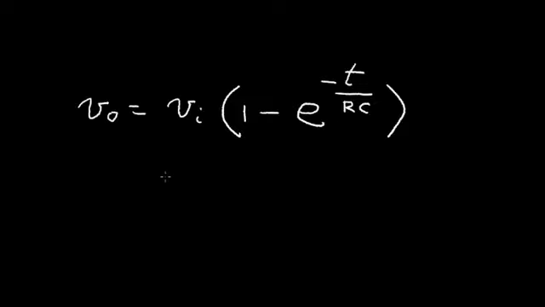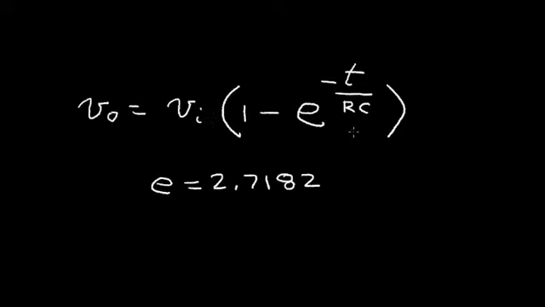Now e is the natural logarithm base, equal to 2.7182 and so on and so on. So e is a constant. Again, t is time, RC is the time constant, and VI is the input voltage.